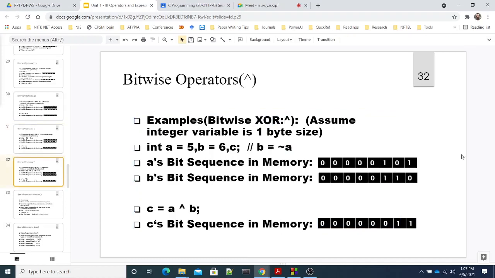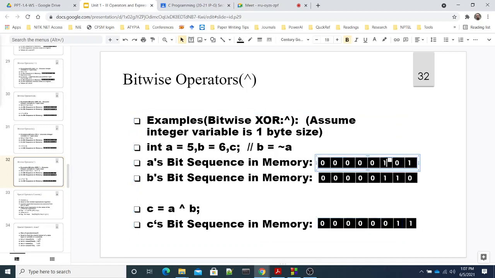So in case of exclusive OR, 1 exclusive OR 0, or 0 exclusive OR 1 is 1, 1 exclusive OR 1 is 0. But in the previous case, for normal OR operation, this was 1. So if the bits are opposite, then only the output will be 1.